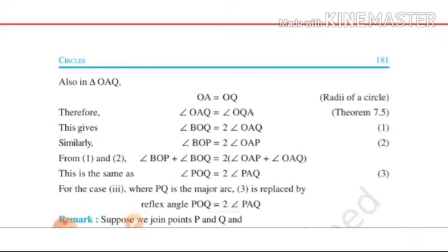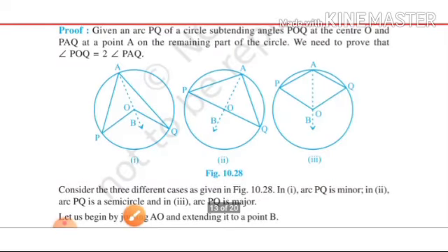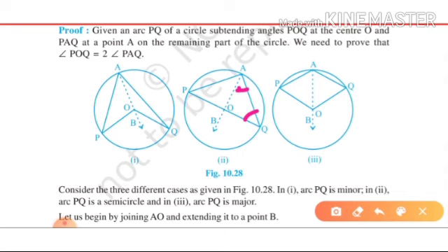Now OAQ and OQA are equal because these two sides are equal. When two sides are equal, it is an isosceles triangle, and the angles opposite to equal sides are also equal.